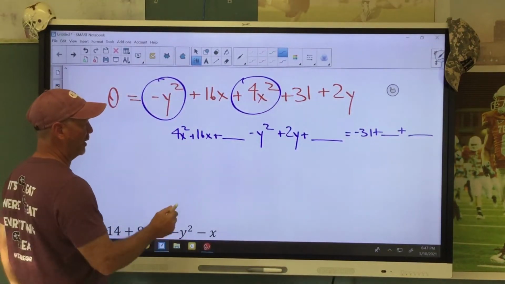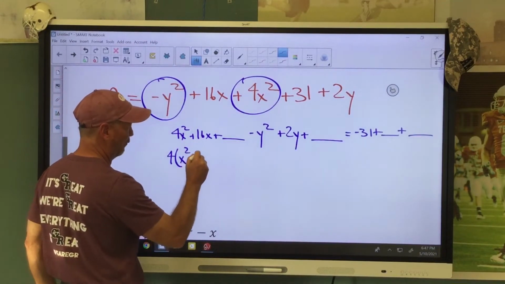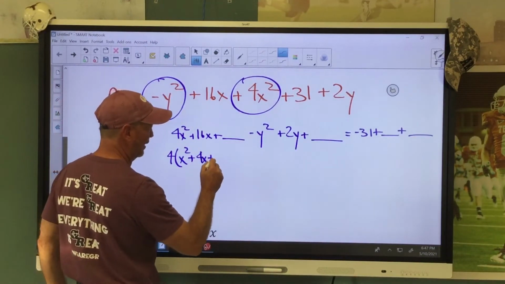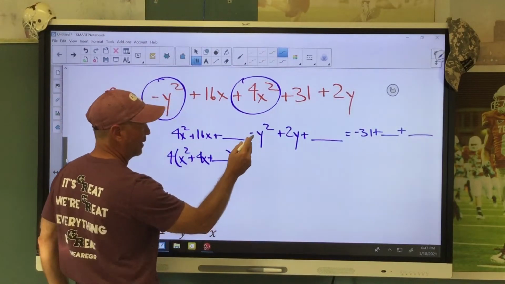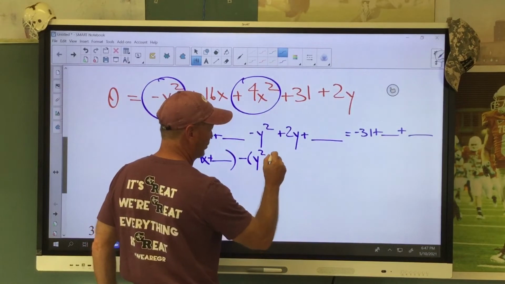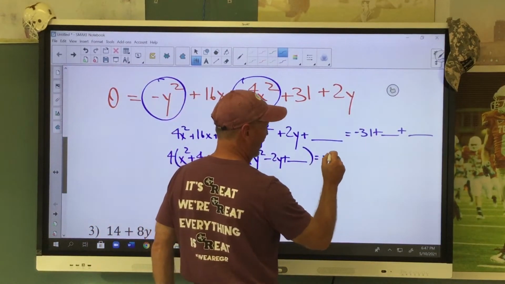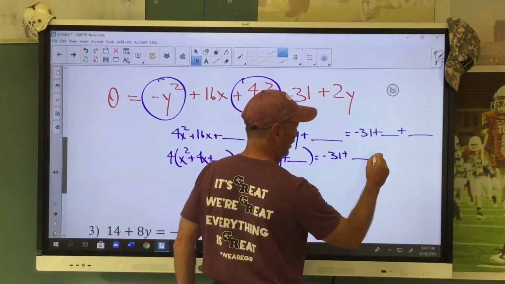I would factor away the 4, x squared plus 4x plus blank. Factor away the negative. Get y squared minus 2y plus blank equals negative 31 plus blank plus blank.